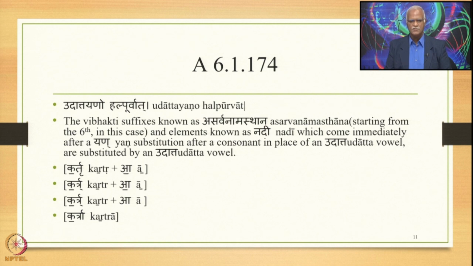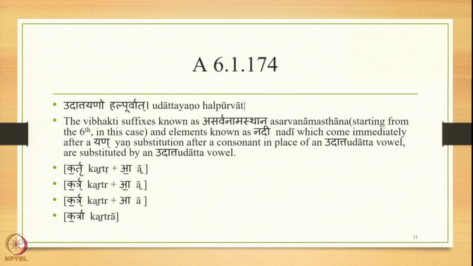What this sutra means is that the vibhakti suffixes known as asarvanama sthana, meaning thereby that they start from the 6th case in this case, and elements known as nadi, which come immediately after a yan substitution, which is after a consonant in place of an udatta vowel, then such an asarvanama sthana vibhakti or a nadi, they are substituted by an udatta vowel.